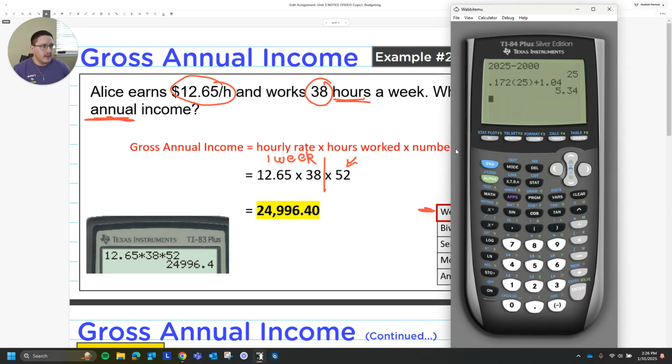Anyways, plug these into the calculator. 12.56 times 38. This is how much she makes for the entire week. However, we want the annual income, so we're going to multiply this by the number of pay periods for weekly, which is 52. And we get 24,000. Oh, whoops. So that should be 65.